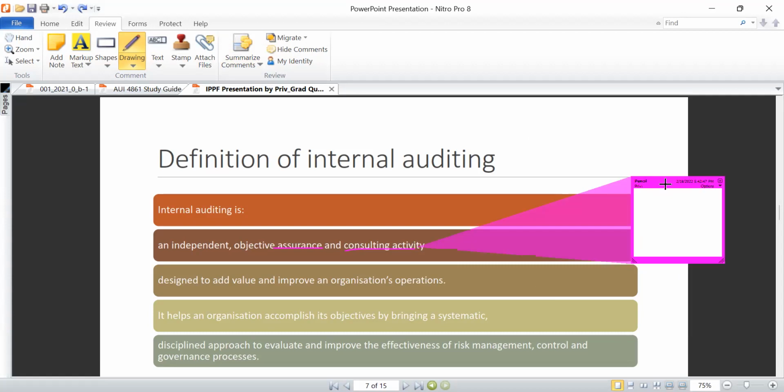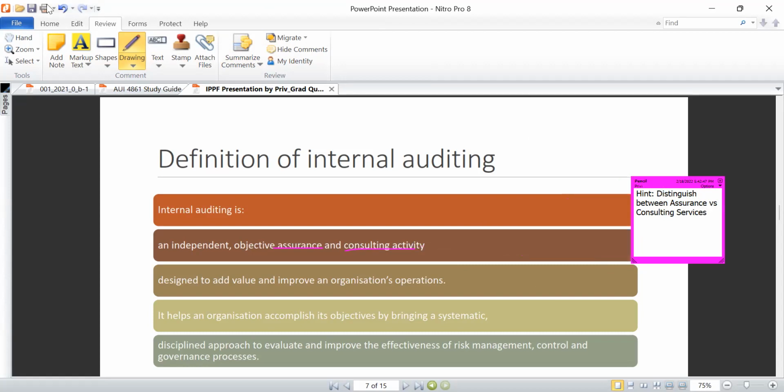So I'm just going to give you guys a hint there: you should be able to distinguish between assurance and consulting services.